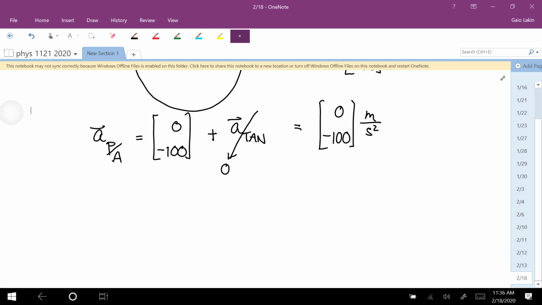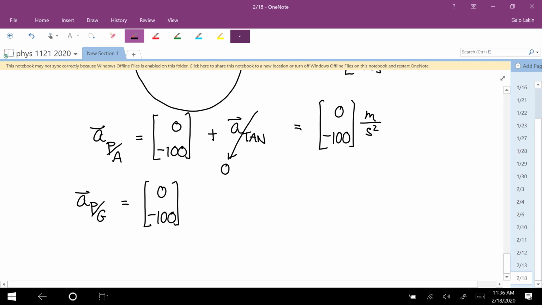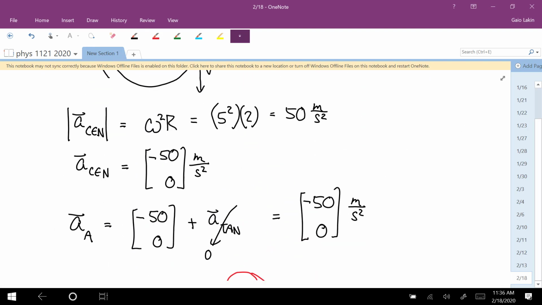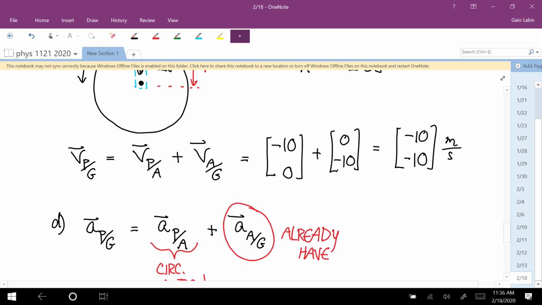Now we can add these together. So the acceleration of P relative to the ground is equal to the acceleration of P relative to A plus the acceleration of A relative to the ground that we got way up here, negative 50, 0.